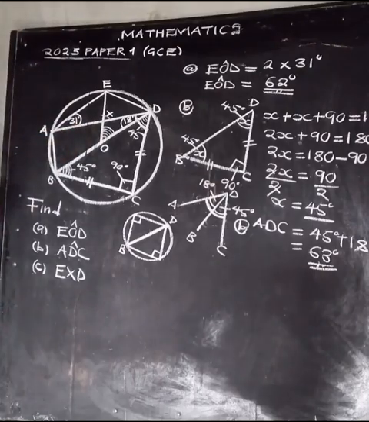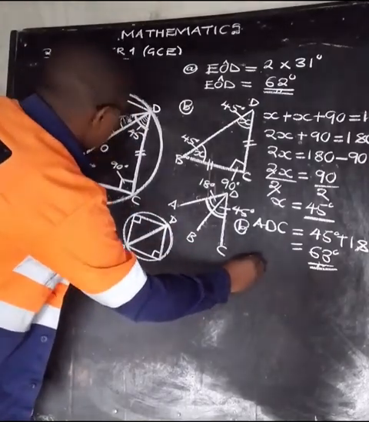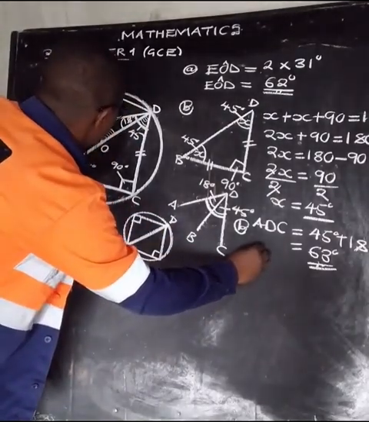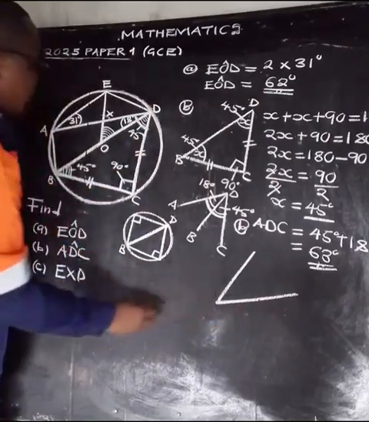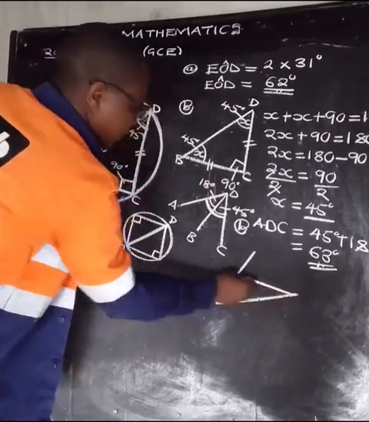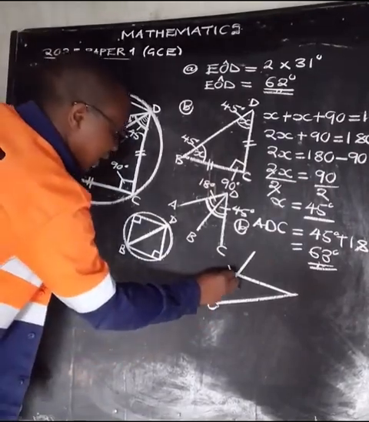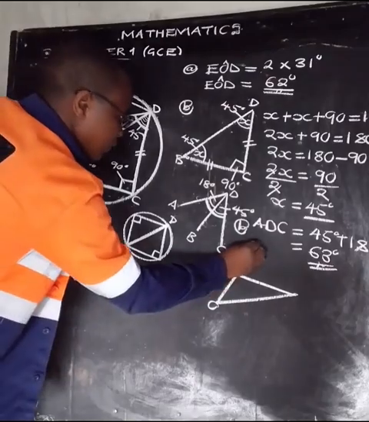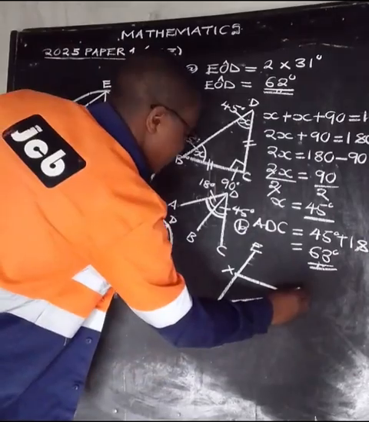Now, for us to find this small angle, guys, we have a situation like this where we have this line, and then we also have this line, also this line. Where this is O, this is X, this is E, and this is D.